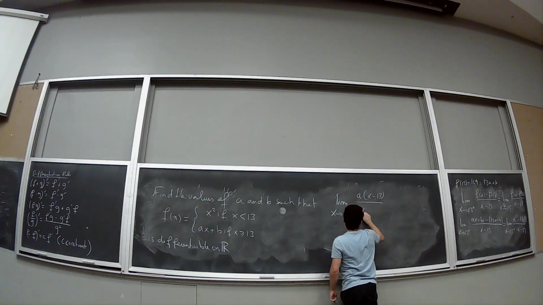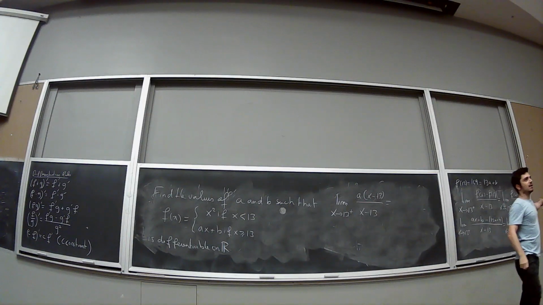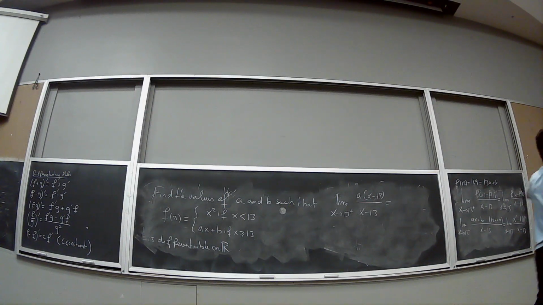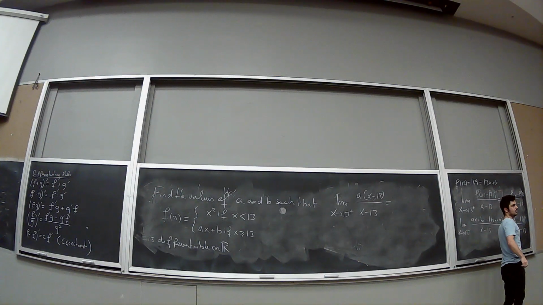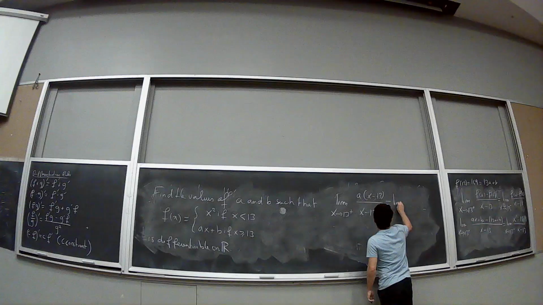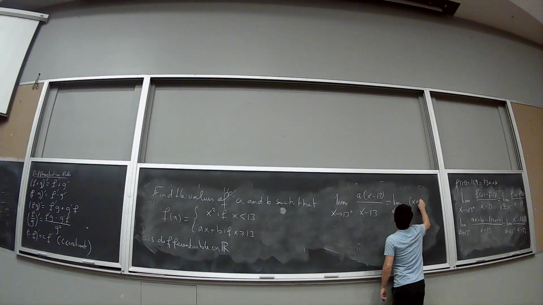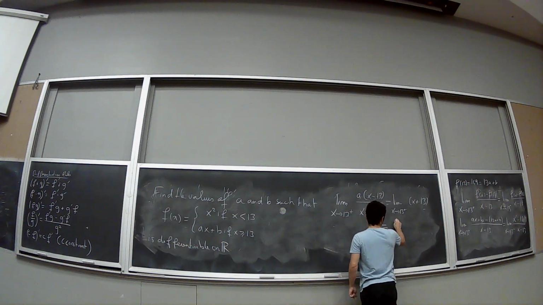Convince yourself that you can do this. That's very nice. And then here on top, what do I get? I can factor x squared minus 169 over x minus 13. So I get 0 over 0. Factor this up. What do you get? Great. So here, what do you get? You get a is 26.